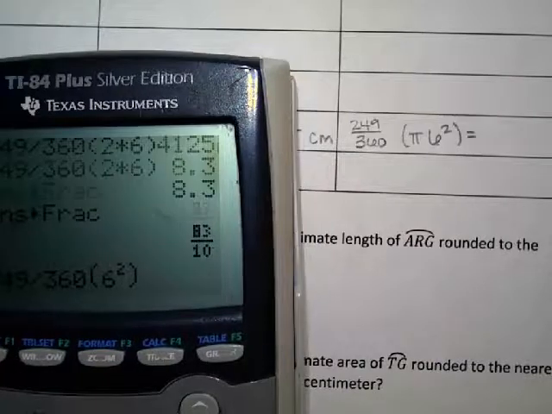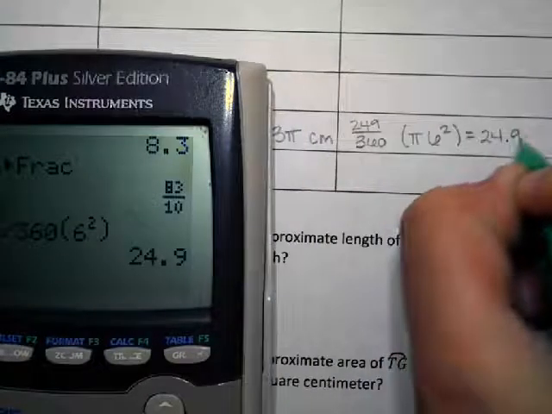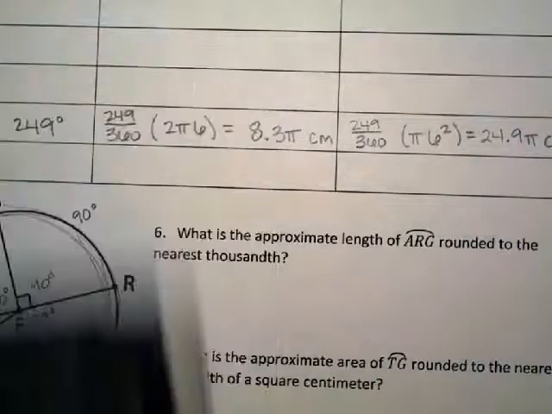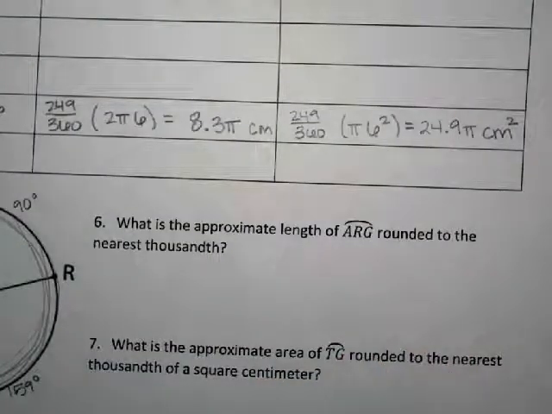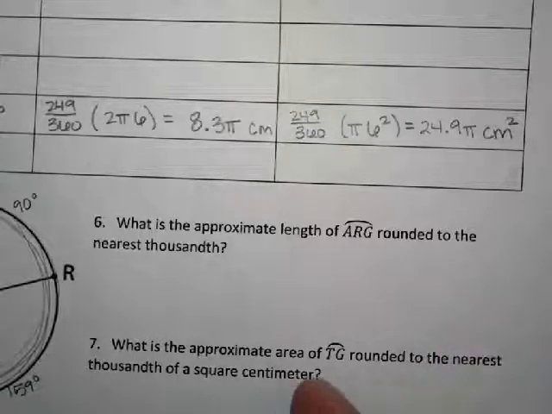I'm not typing the pi in, so that's 24.9 pi centimeters squared. Okay. Now, number 6 is related to number 4, so we might as well do number 6 now.